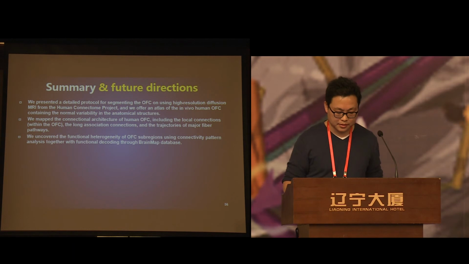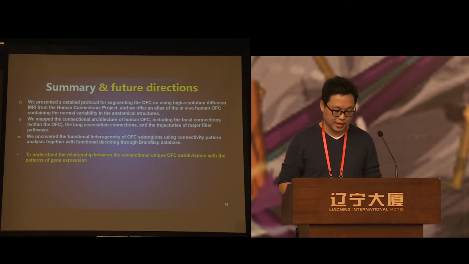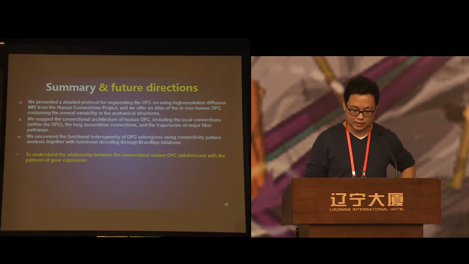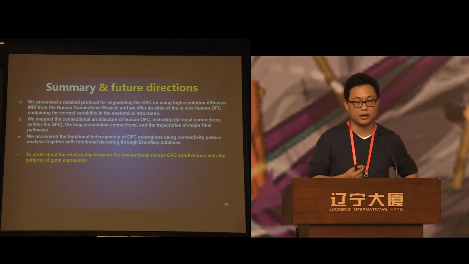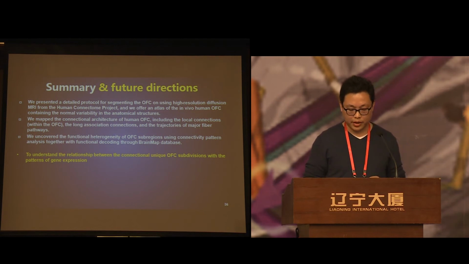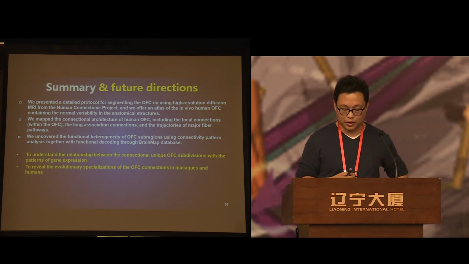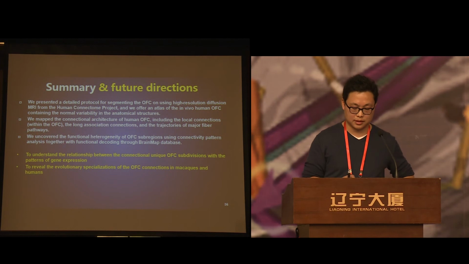What's next, maybe, is to understand the relationship between the connectivity of OFC subregions with patterns of gene expression; we can compare using the Allen brain datasets, what kind of difference there is. And also, we can reveal the evolutionary specialization of the orbitofrontal cortex connections in macaque and humans.